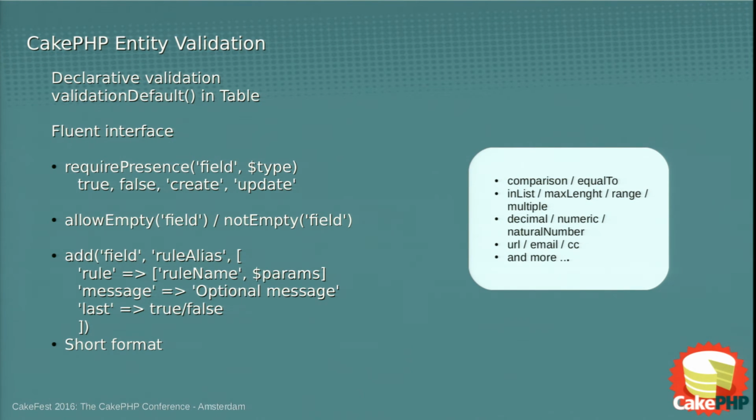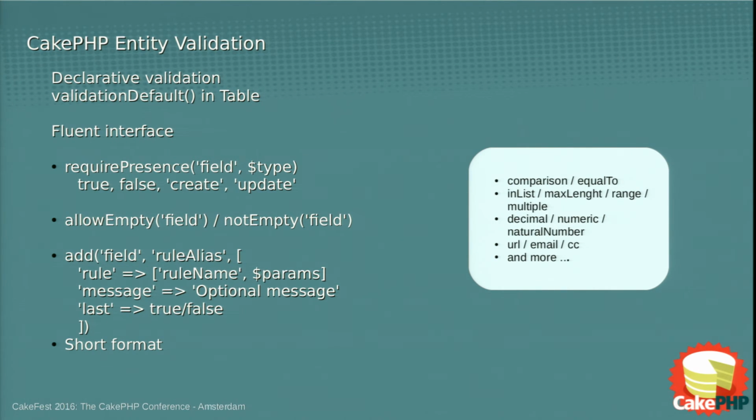So we can add rules. Each rule will have a field attached, an alias that could be anything, and a rule, a message, last, true, false, and other options. The rule could be one of the core rules provided by the validator, or a callable, or some function in some place of your application. You just need to configure that.